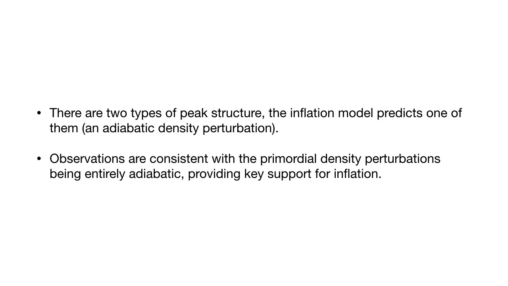In order to calculate that one, we have two types. Again, we are not going into the details of this highly specialized physics. One is called adiabatic density perturbations. This is the one which is correct. Adiabatic density perturbation means energy is conserved.